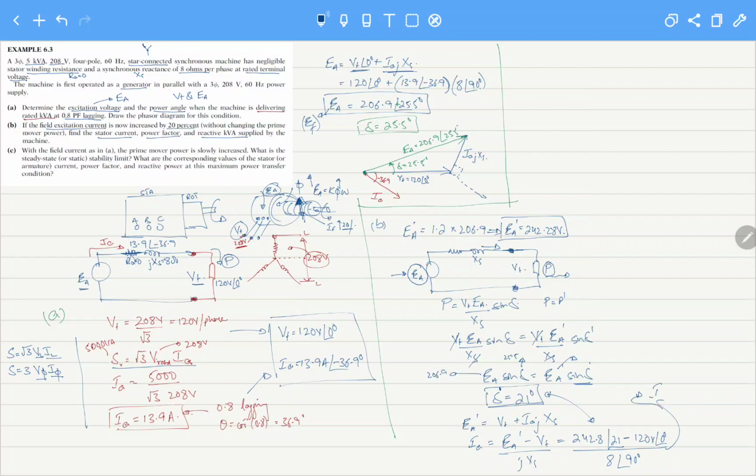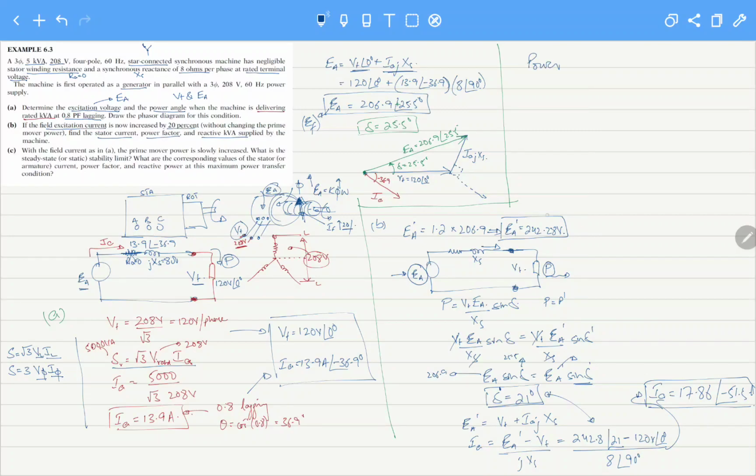IA equals 17.86 with an angle of minus 51.5 degrees. This is the value of IA. And the next part asks us to calculate the power factor.